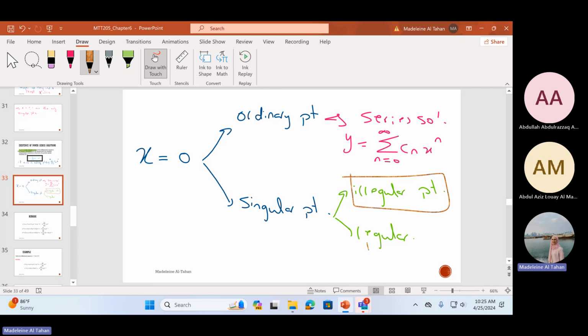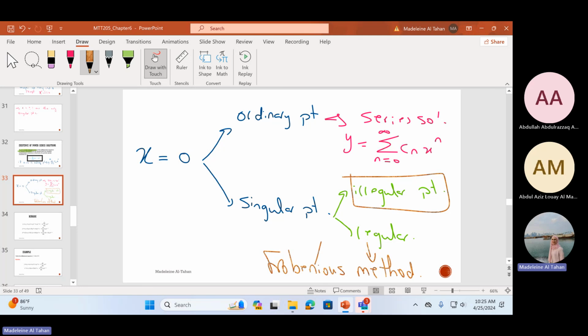If it's regular, we will apply something known as the Frobenius method, which is also a series, but not in this form. It will be summation Cn x power n plus r.